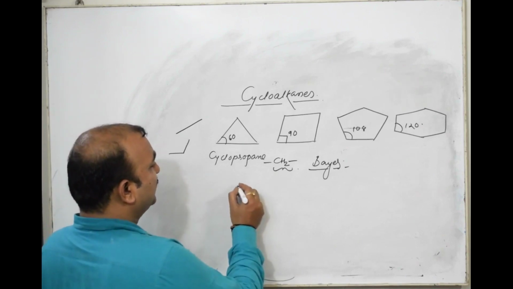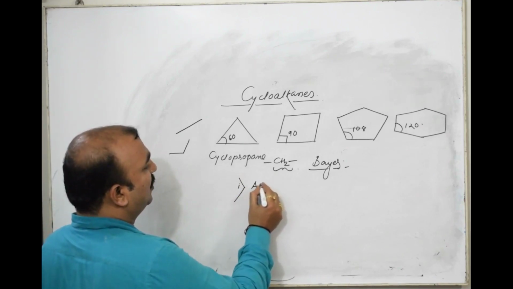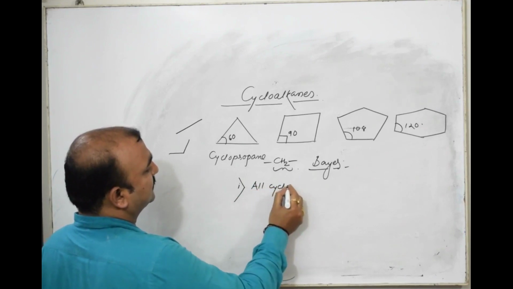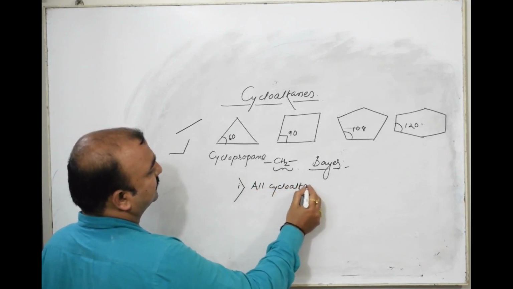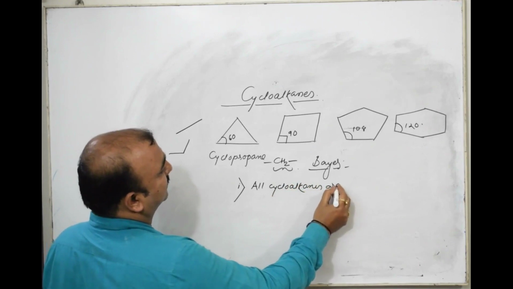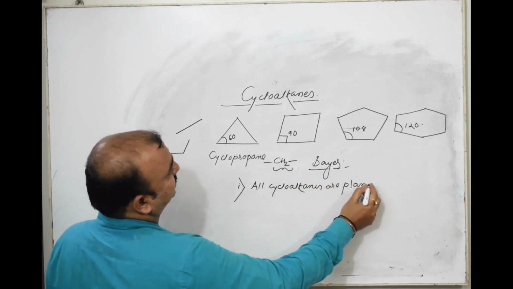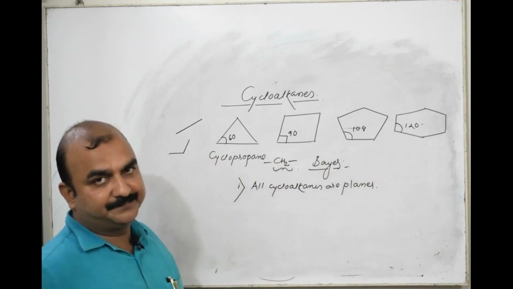What were the postulates of Baeyer strain theory? All cycloalkanes are planar. This was the first postulate.